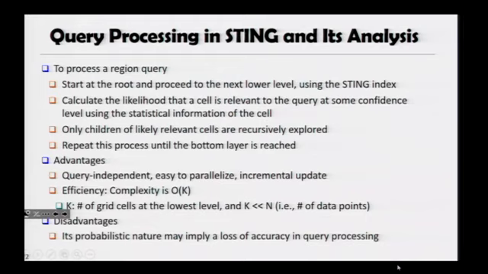This is the advantage, but it is also the trade-off between efficiency and accuracy. Since they use this likelihood-based retrieval process, they have to drop some other cells that could be relevant to the query, so the accuracy is sacrificed at this stage.